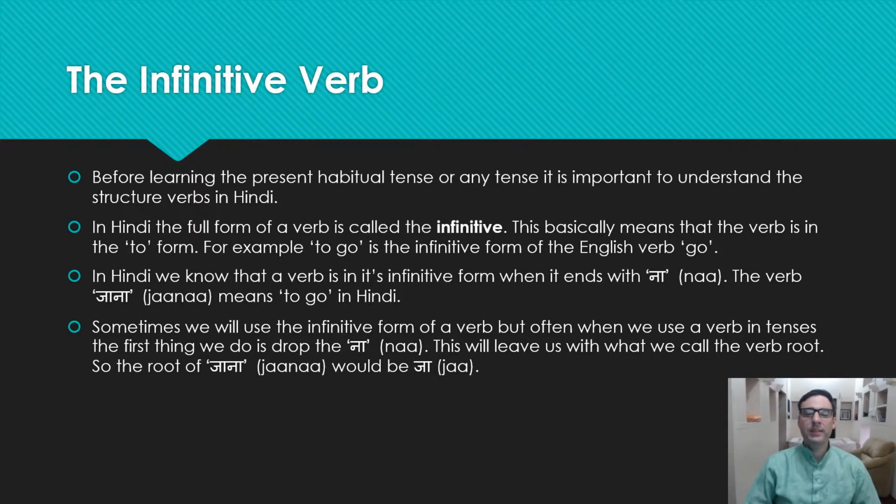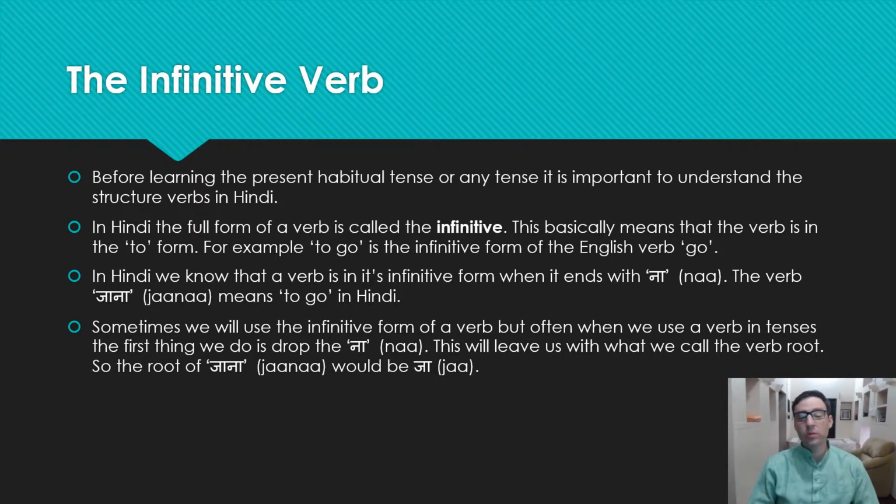This basically means that the verb is in the to form. For example, in English, we would say to go, or to eat, or to sleep. So the to form is the infinitive form. And in Hindi, we know that a verb is in its infinitive form when it ends with na. The verb jana means to go in Hindi, so that na ending is what makes it infinitive.